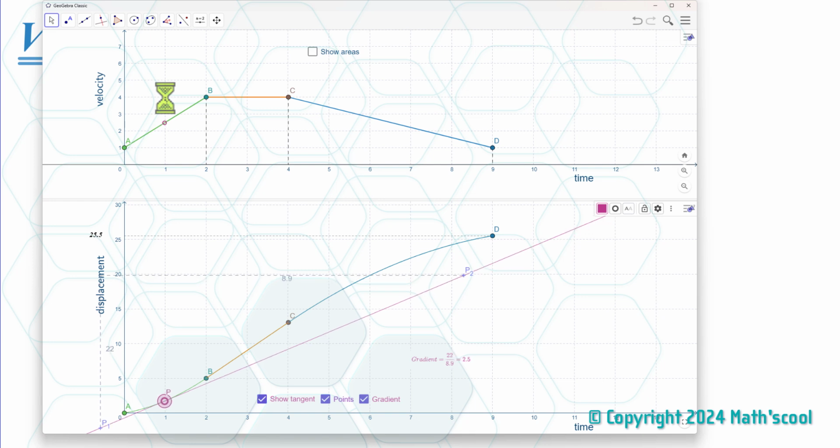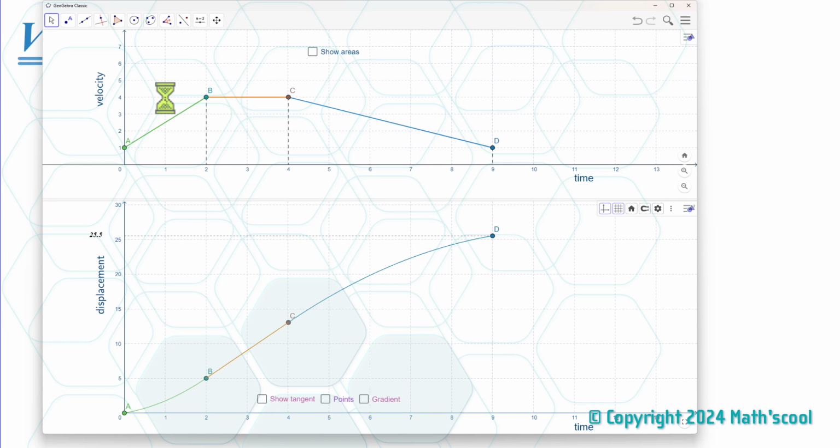And at t is 1, we know that the speed should be 2.5 and the steepness of that is 2.5. So the gradient of this displacement time graph is just telling you the velocity on that original graph. By the time we get to b, we're at a gradient of 4, and we know that by the time of b, the speed is 4. Okay. All right. Let's look at the next bit of the graph.